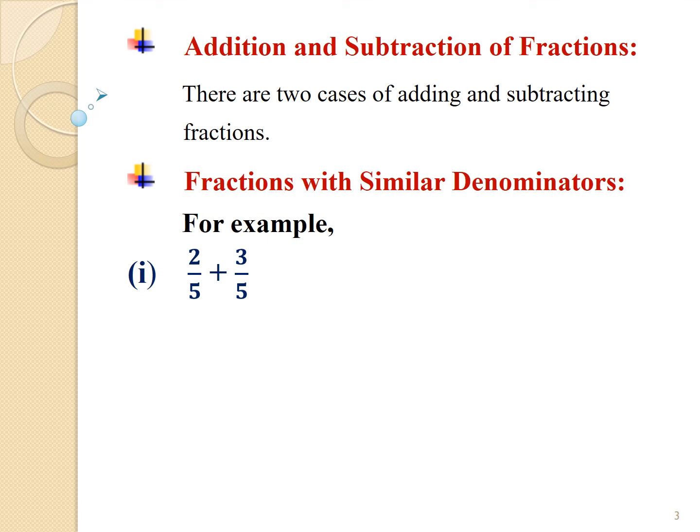Thus, adding numerators 2 and 3 and keeping common denominator 5, we get 5 upon 5. Students, now we have to reduce 5 upon 5 to standard form. Reducing 5 by 5, we get 1.